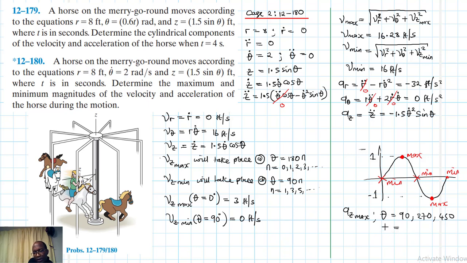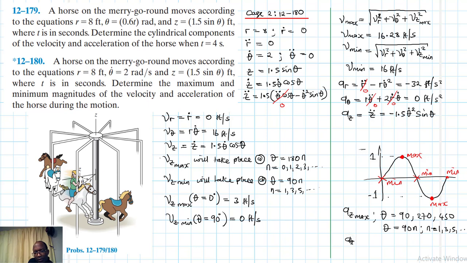So writing this just becomes 90n, where n is equal to 1, 3, 5, right? 3 by 90 is 270, 5 by, yeah, so something like that.